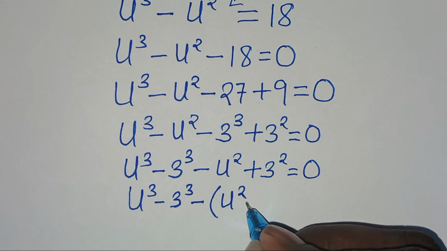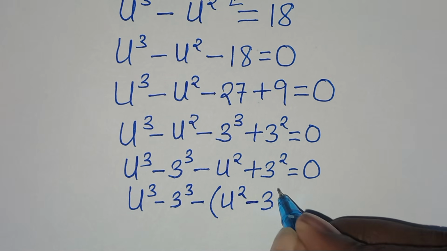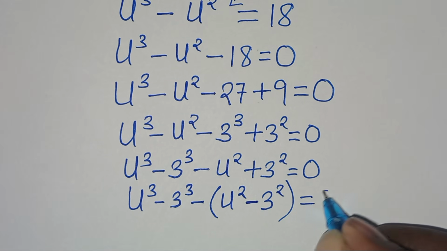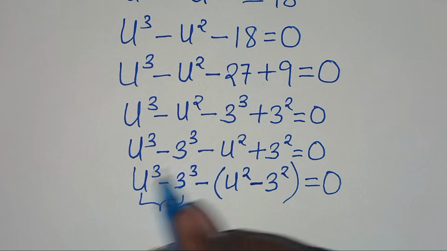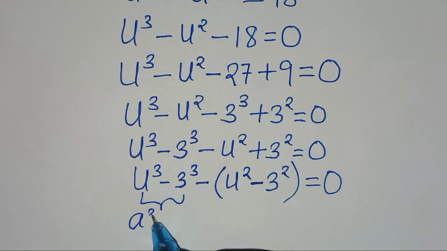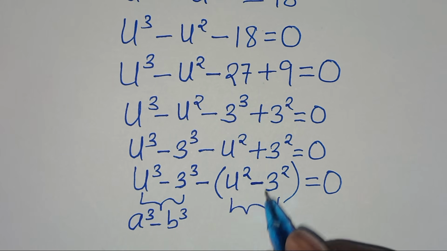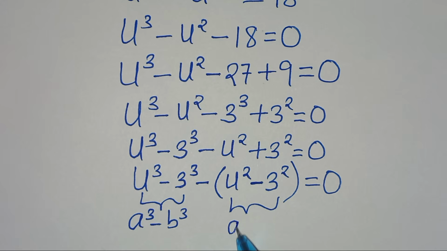Now you find that this is actually the difference of two cubes expressed as a to the power of 3 minus b to the power of 3, and this is the difference of two perfect squares expressed as a squared minus b squared.